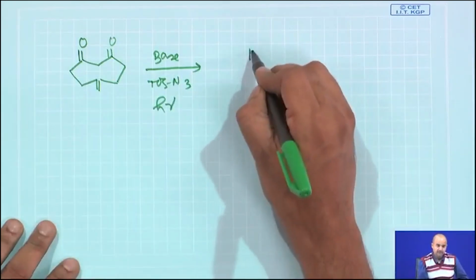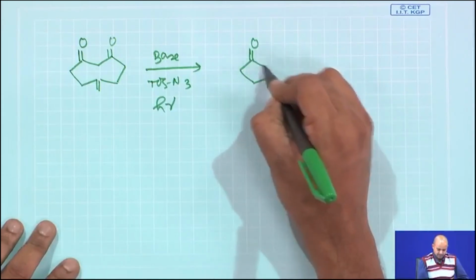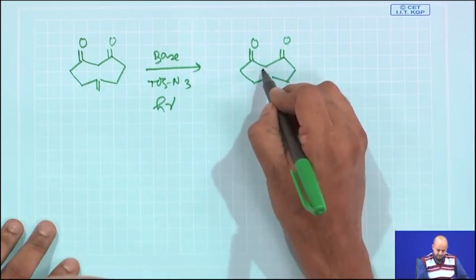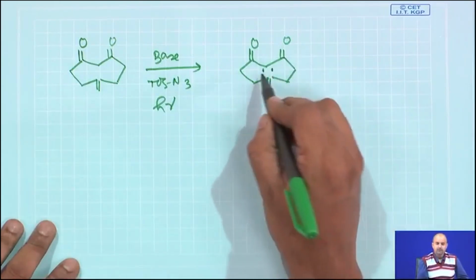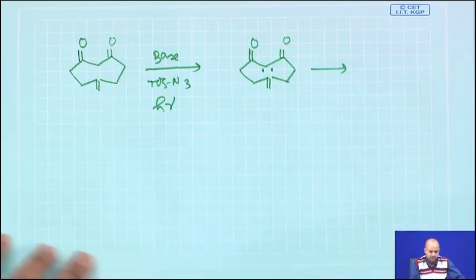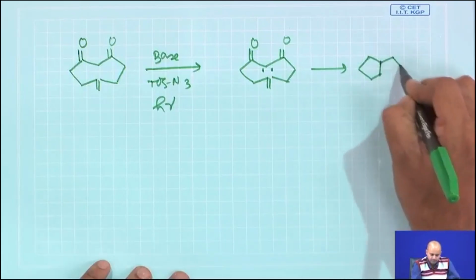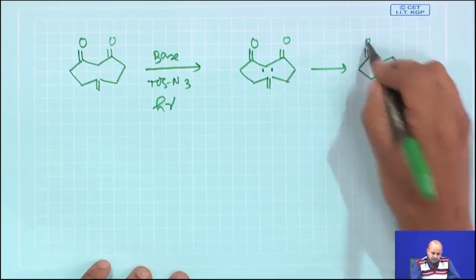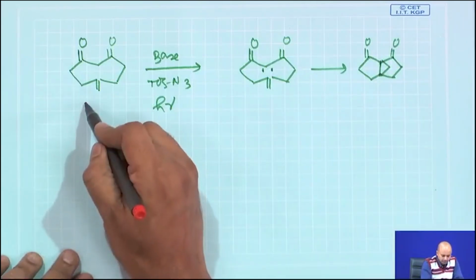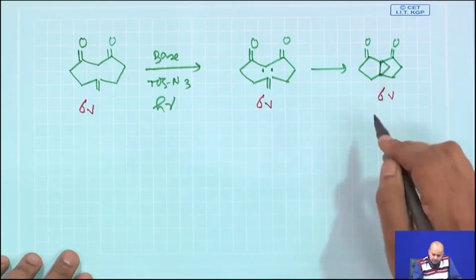So, basically you will generate the carbene here. Now, this carbene will react with this olefin to give you this dicarbonyl compound. Now, if you see the symmetry concept, this one is a symmetrical intermediate, this one is a symmetrical intermediate, this one is a symmetrical intermediate.